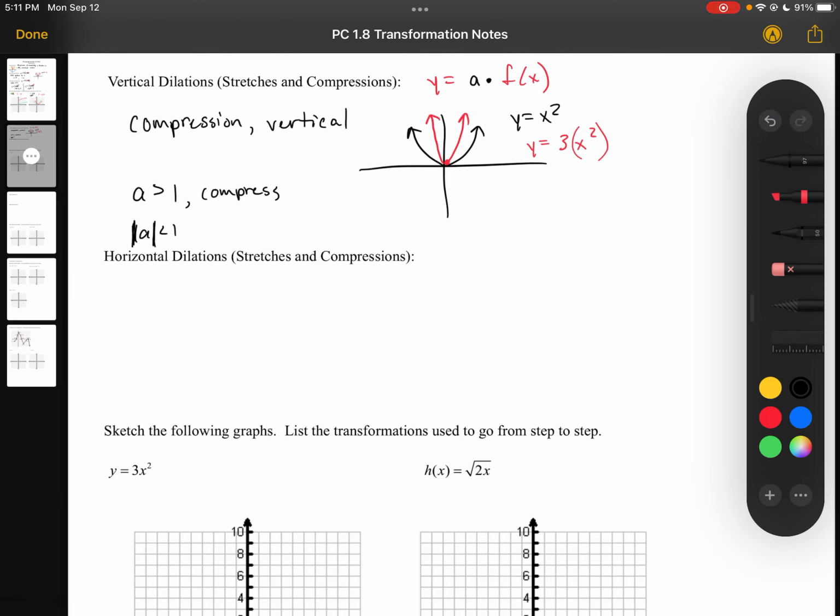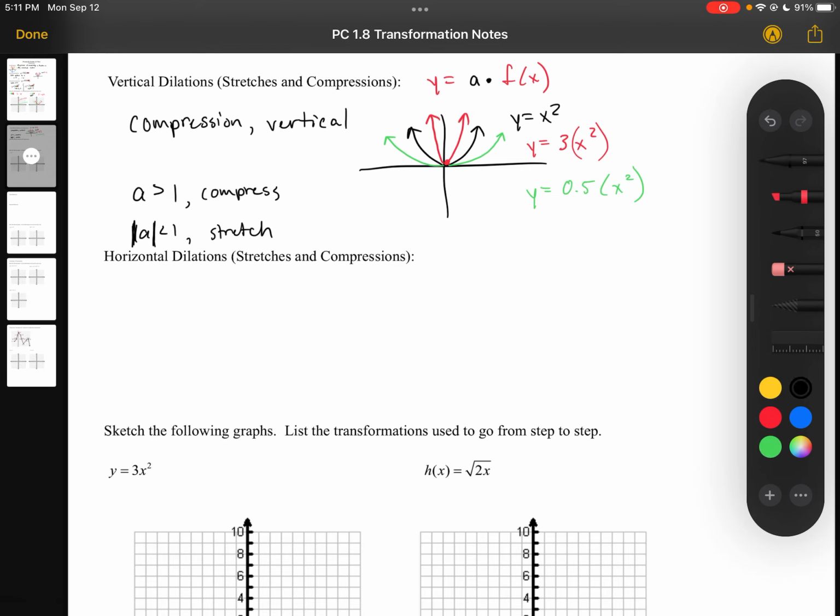If the absolute value of a is less than 1, then it's going to get wider, so it's going to stretch. So something like, we'll do this one in green, y equals 0.5 times x squared. It's going to be much wider, much more stretched out.